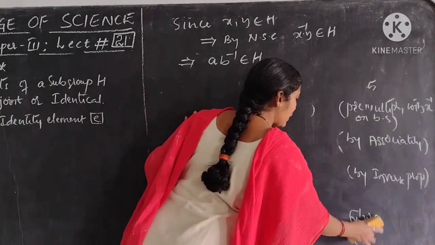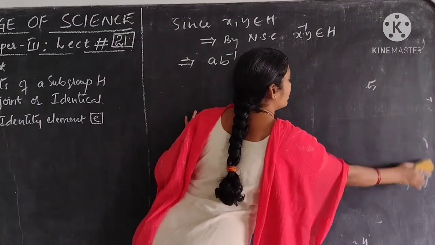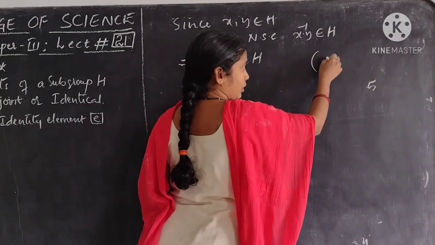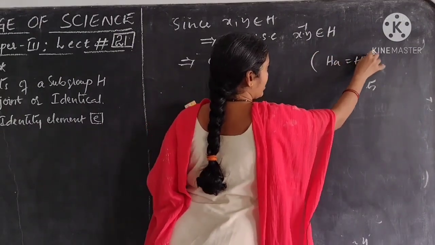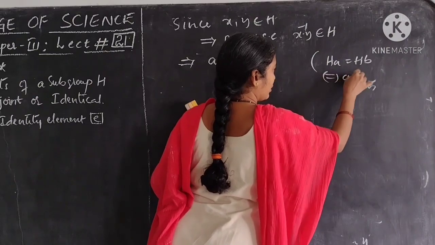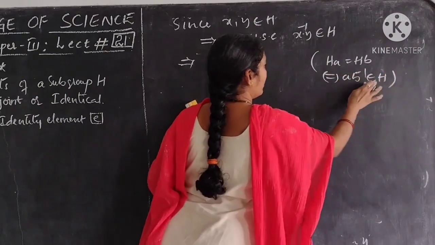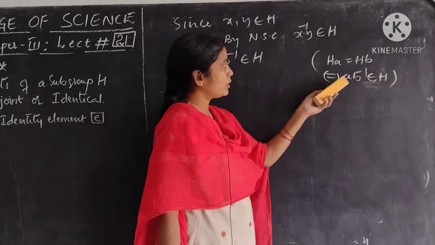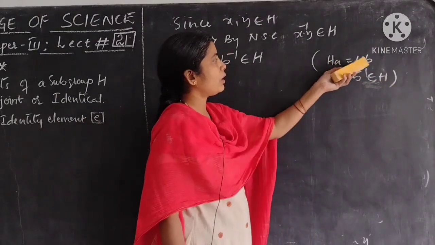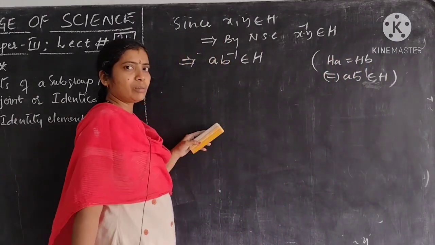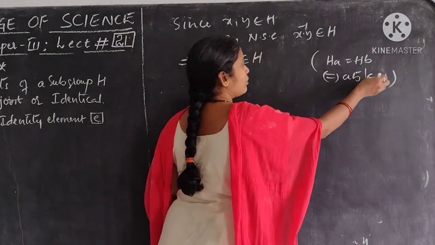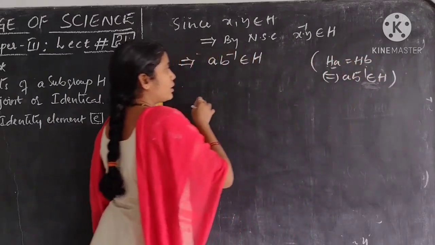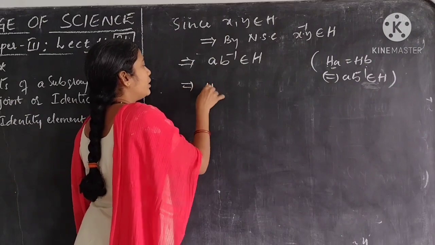By a known result, this says that both the right cosets are identical. This is the known result. That means A dot B inverse is an element of the subgroup if and only if the cosets generated by A and B are identical.